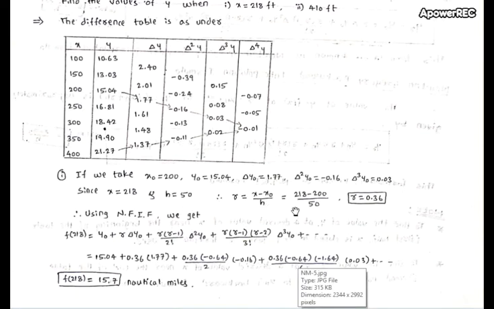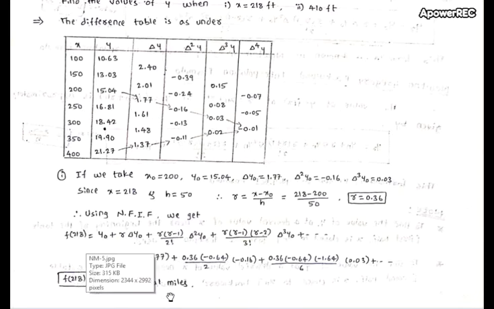Substitute all these values in the r formula and after simplifying we get the r value as 0.3. Now we use Newton's forward interpolation formula. Substitute y naught as 10.63, then triangle y naught, triangle cube y naught. After simplifying we will get the f of 218 value.